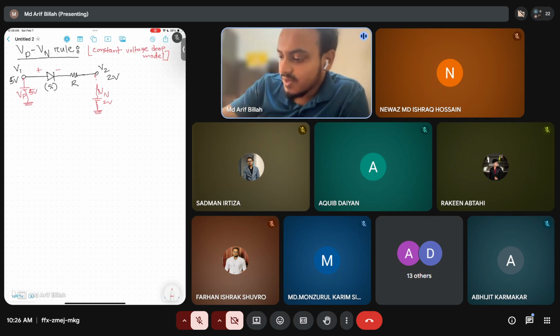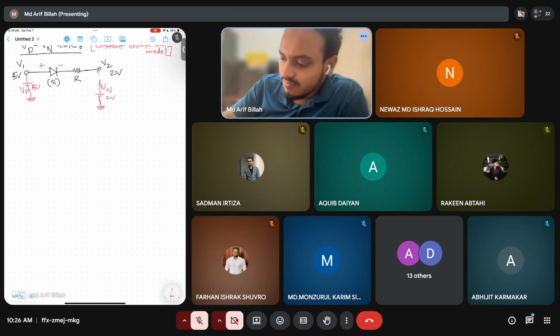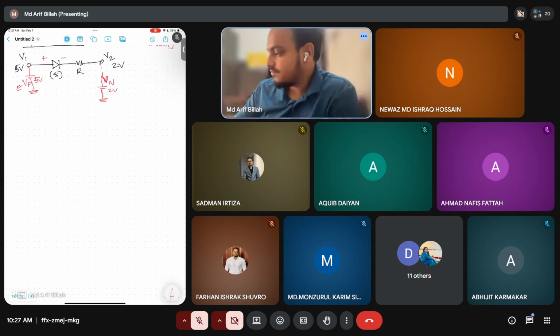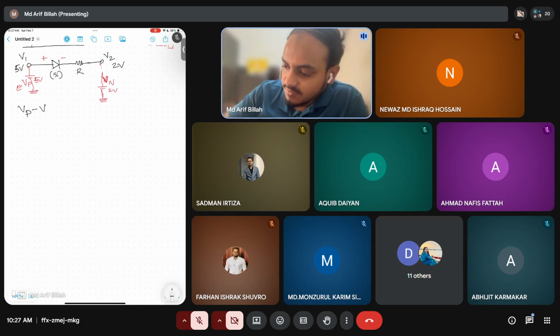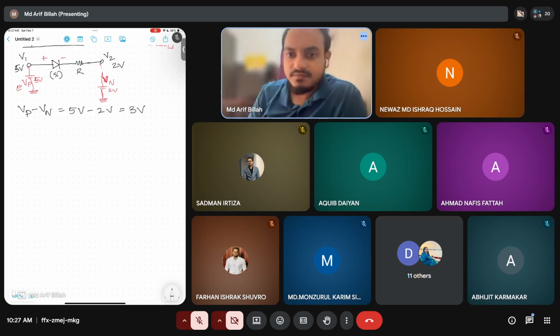So you assume you have a VP on the positive side of the diode, VN on the negative side of the diode, and then just do VP minus VN. So in this case, VP is 5 volt, VN is 2 volt, so you have 3 volts.